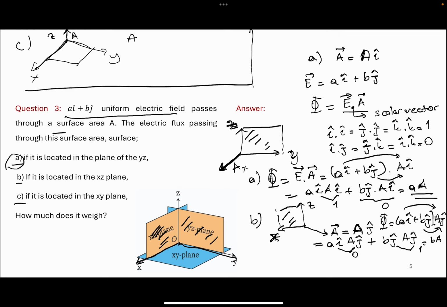Now I can say the A vector equals A times k.